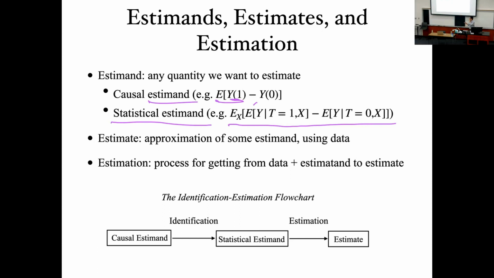So here we want to go from the causal world. Specifically, we want to say something about the causal estimate, like the causal effect. And because of identification, or identifiability, of the causal effect, we can use some statistical notions to solve the problem. We use the statistical estimate. And then the procedure to find the value right here is the estimation.